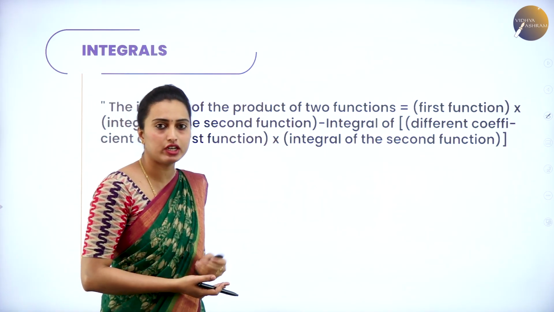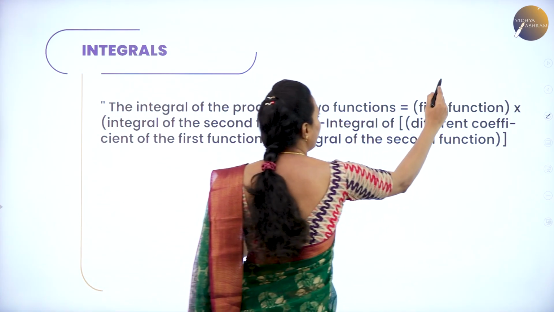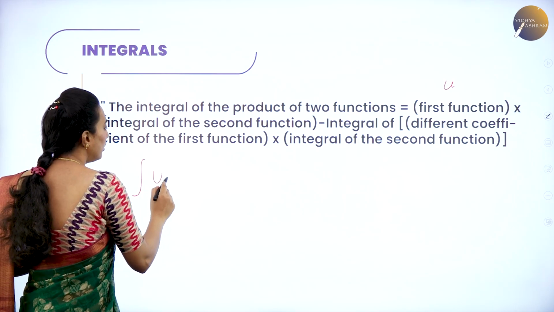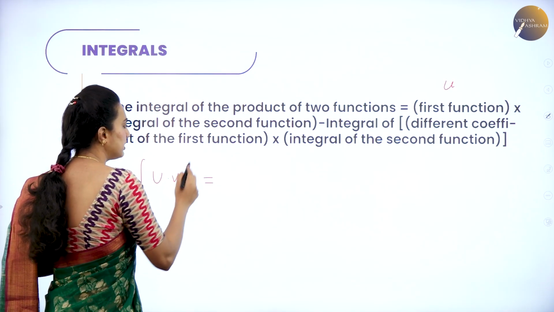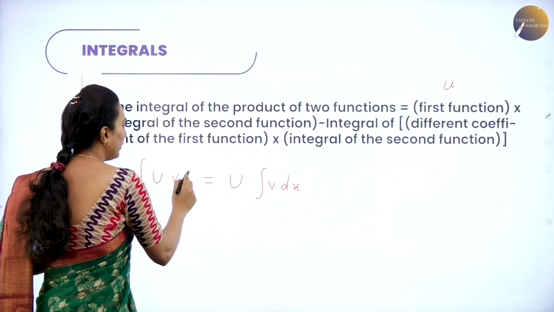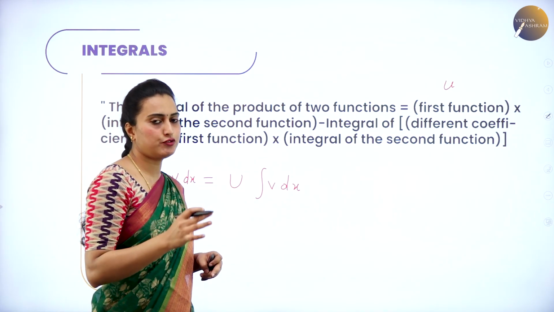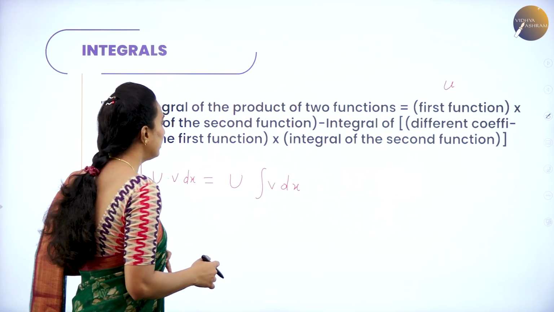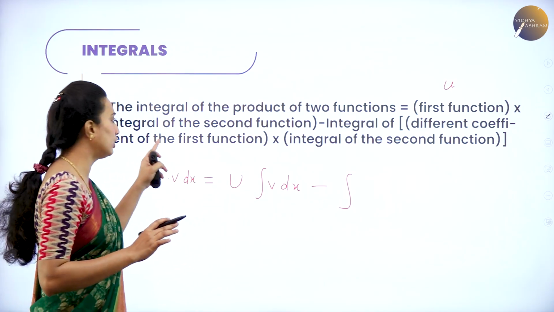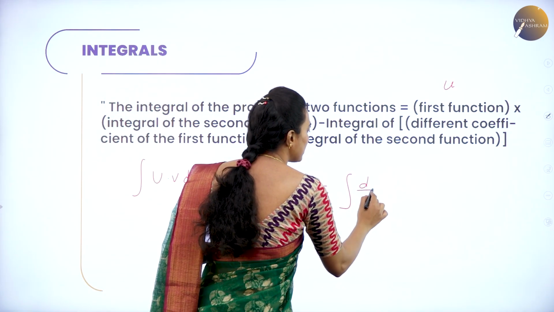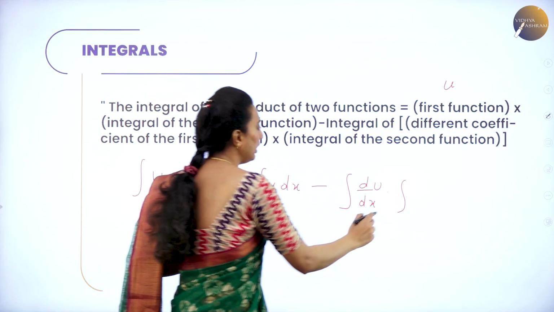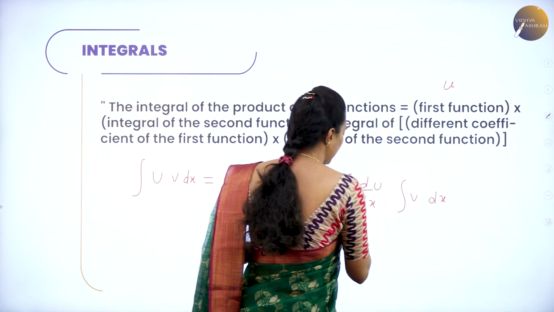The integral of the product of two functions is equal to the first function, if I name it u, into the integral of the second function, which is v. The integral of u into v is the first function into the integral of the second function, where u and v are the first function f of x and second function g of x, and then minus the integral of d by dx of u, that is the differentiation of the first function, into the integral of the second function, that is v into dx. And one more dx is there, which is for this function.